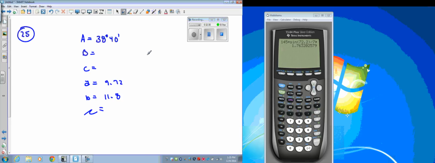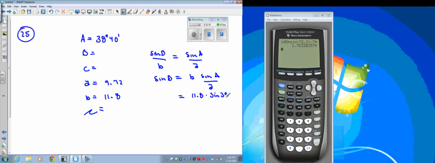So the ratio we're going to use, we have this b, so it's going to have to be sine of b over small b equals sine of a over a. Okay. 11.8 sine 38 40 over a.